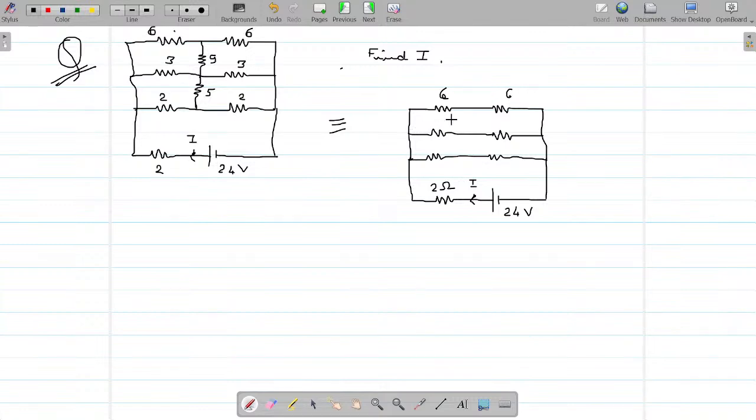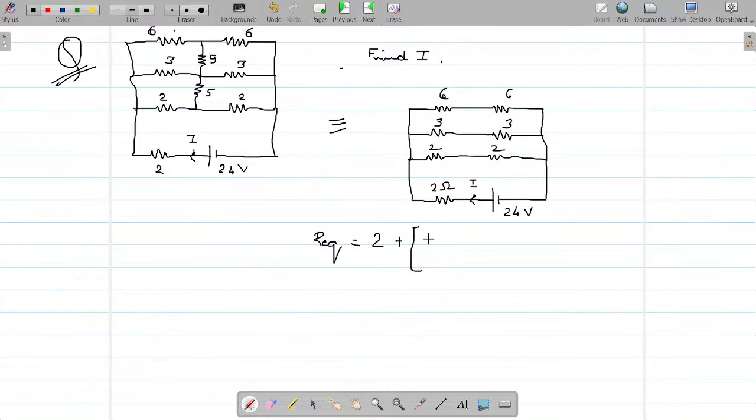Tell me what is the equivalent. If 9 ohm is absent from the circuit, can I write R equivalent for this network? R equivalent for this network would be what? 2 plus 2 is 4.